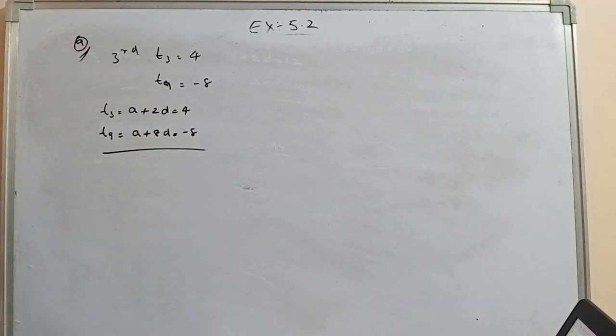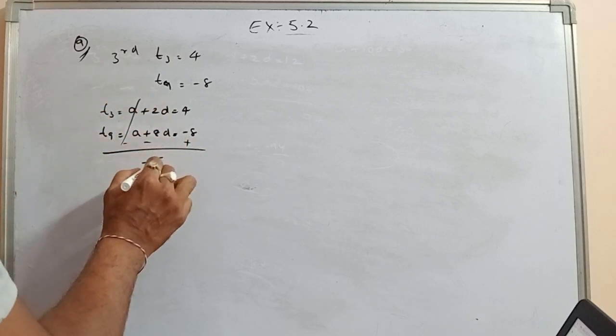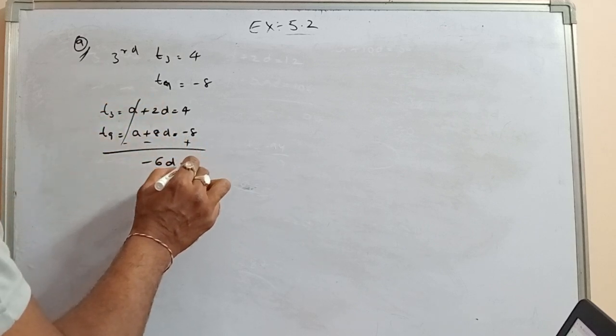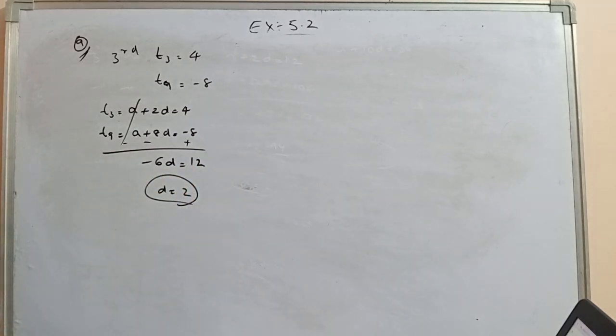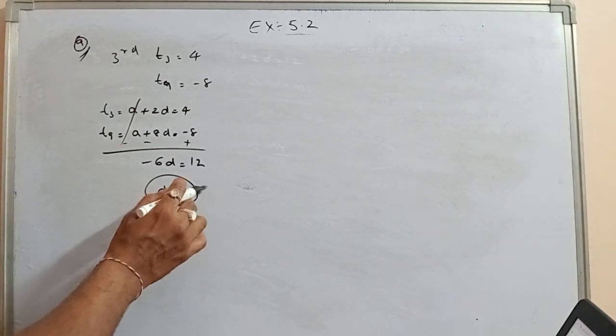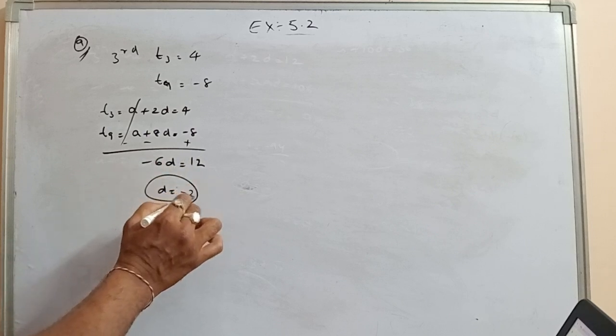Subtracting, a cancels, so minus 6d equals 12. So the value of d is minus 2, because 12 by minus 6 is minus 2.